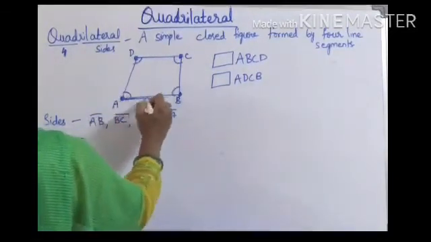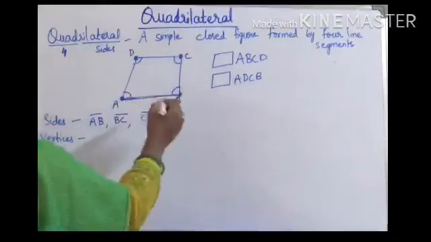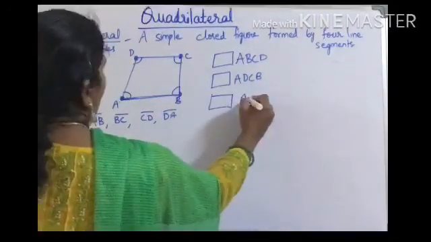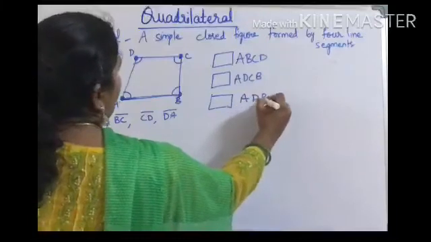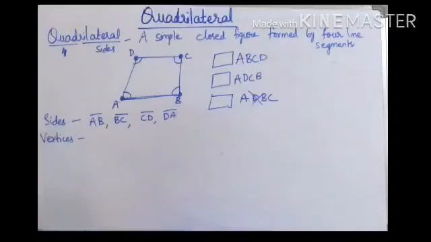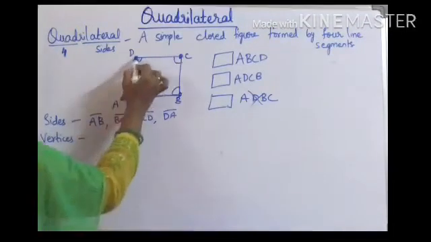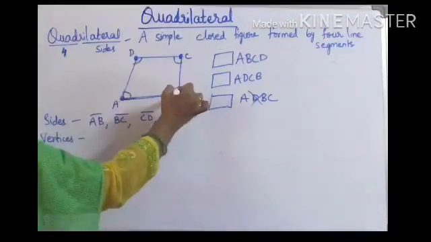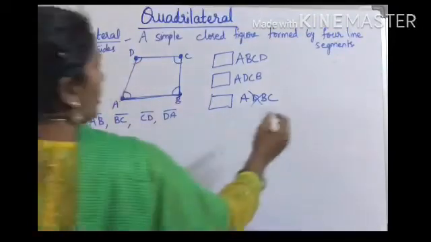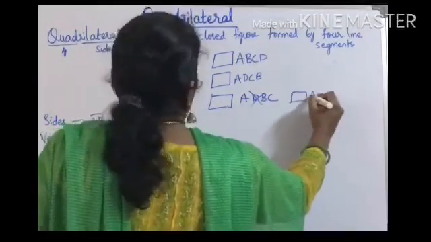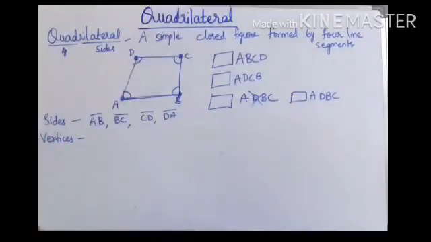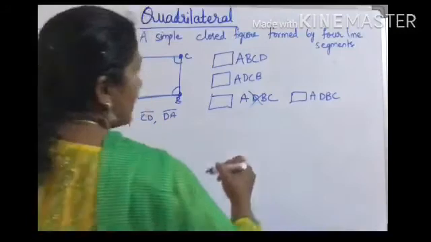Here the continuation should be there, children. You should not write quadrilateral A, D, B, C. This is wrong, because here you are missing the chain. A, D, B, you are jumping like this. No, continuation should be there. Is that correct, children? Just now I explained.